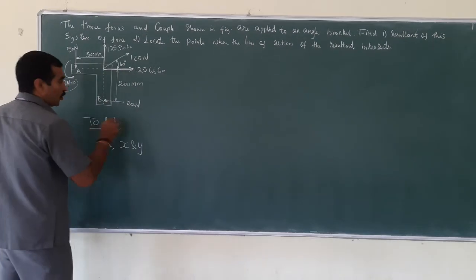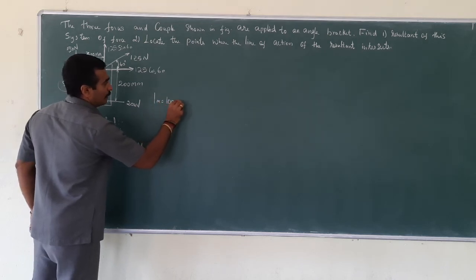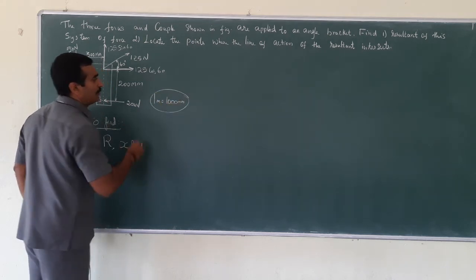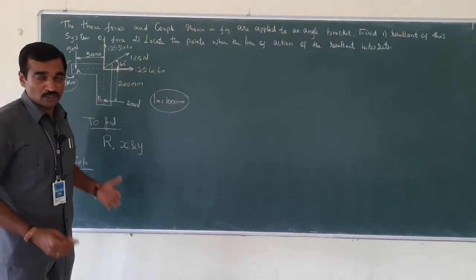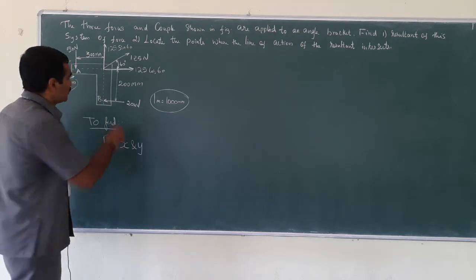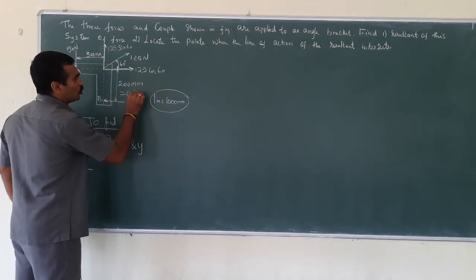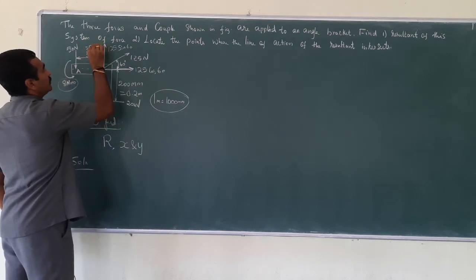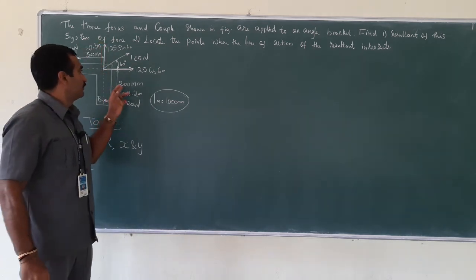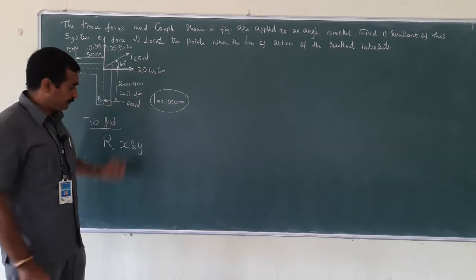As you know, 1 meter is equal to 1000 mm. Therefore 200 mm divided by 1000 you will get 0.2 meter, and for this one 0.3 meter.